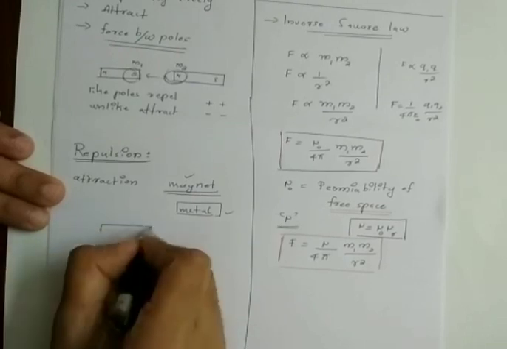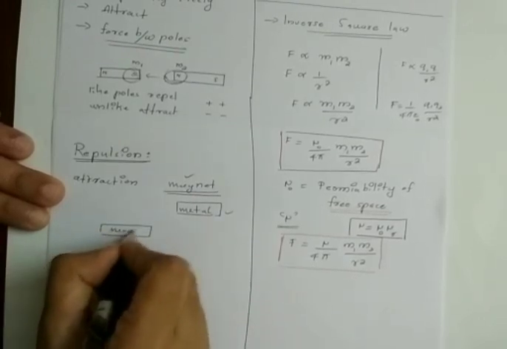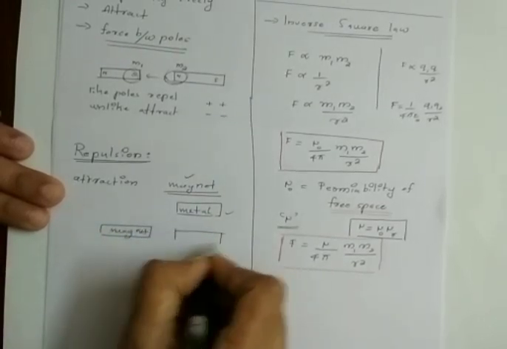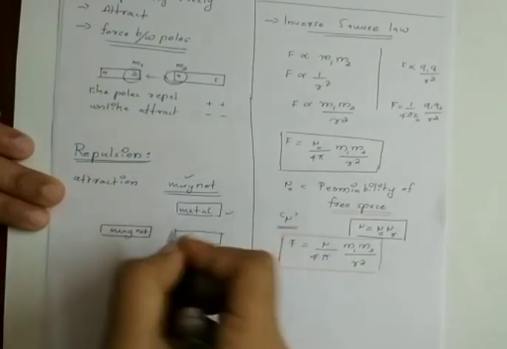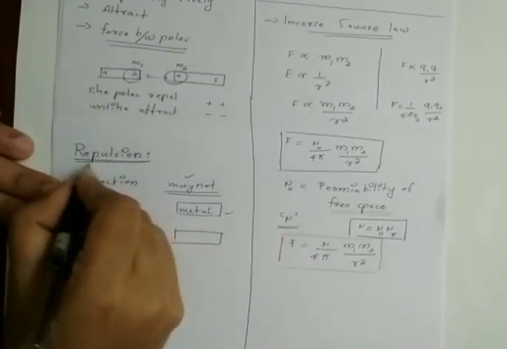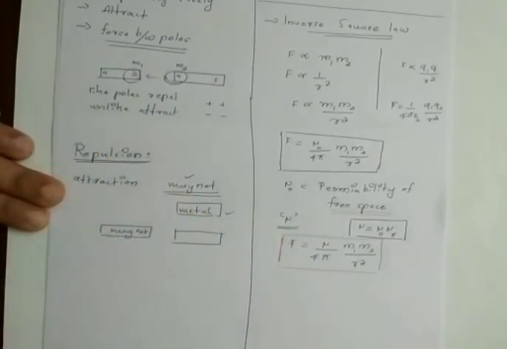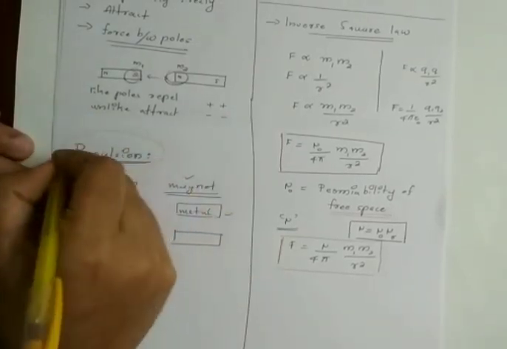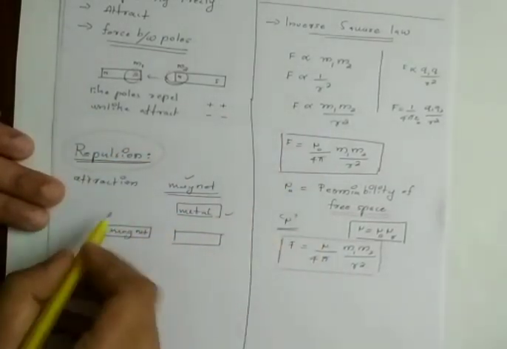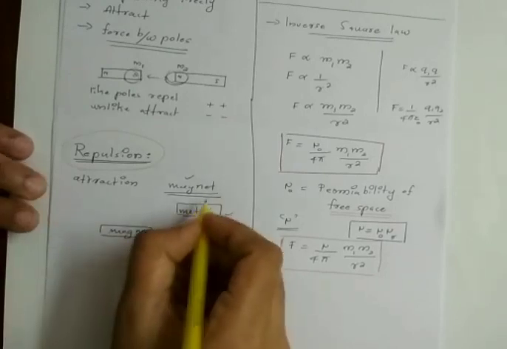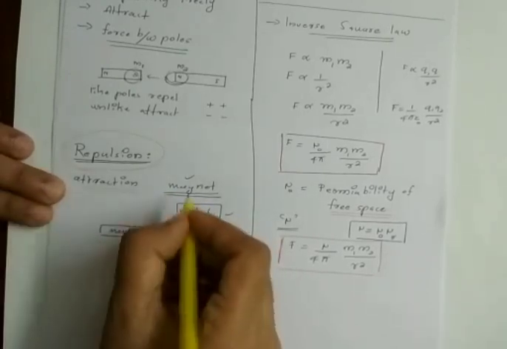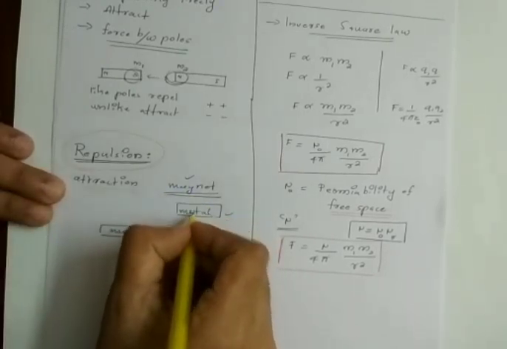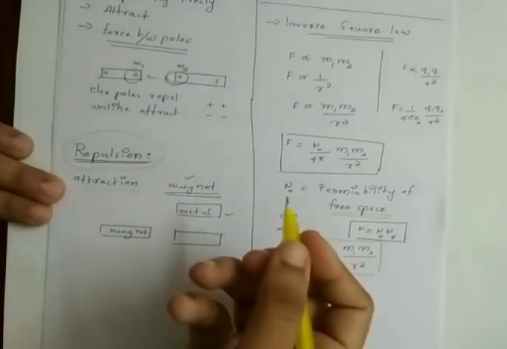But whenever a magnet is brought near to another magnet, they might attract or repel. So a repulsion is found only between two magnets. That means whenever repulsion is present, we are sure that the material is a magnet. But whenever you see attraction, you cannot say that both materials are magnets, because one of the materials may or may not be a magnet.